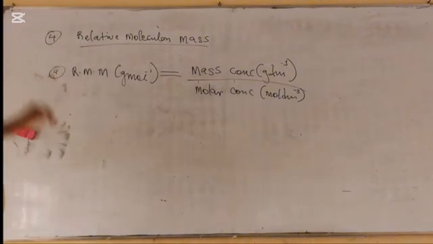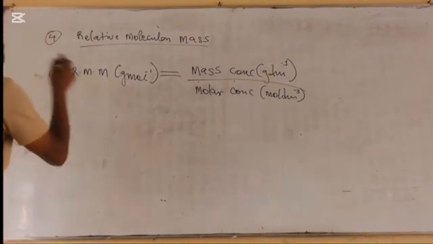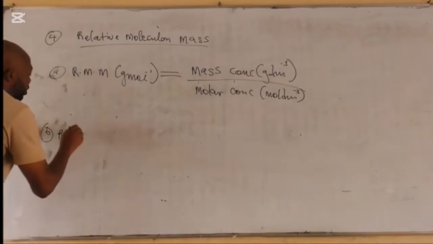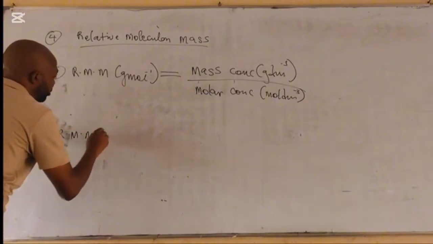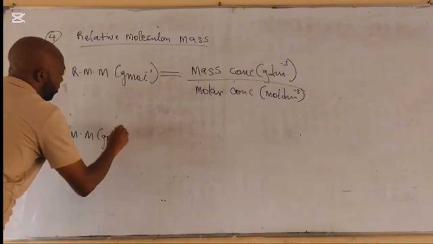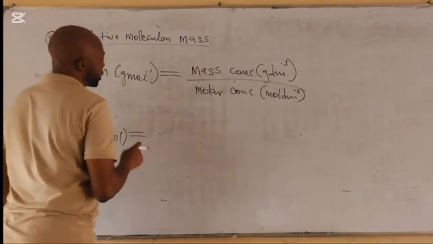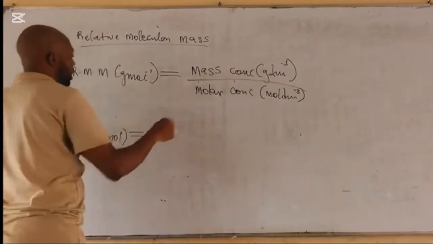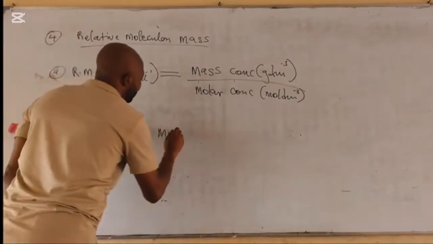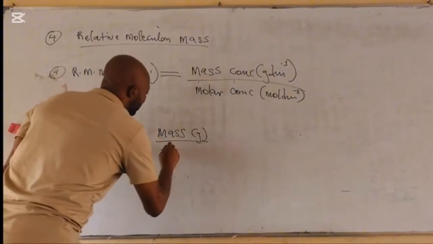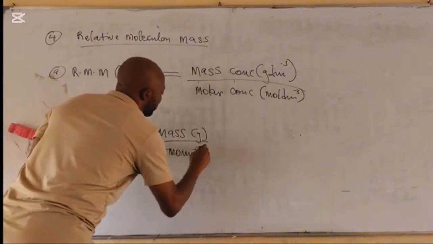Now let's take our second formula. B, relative molecular mass in g per mole is equal to mass in gram over amount in mole.